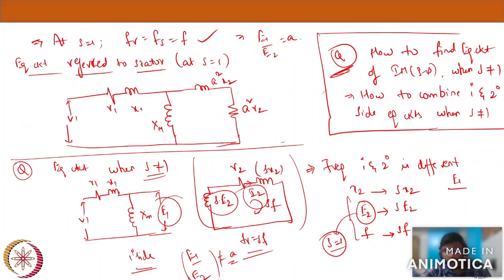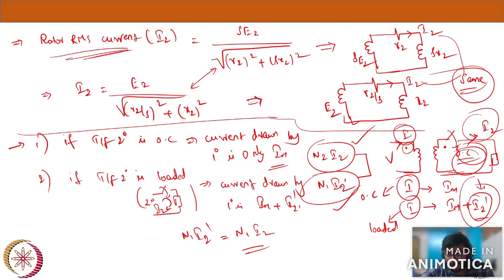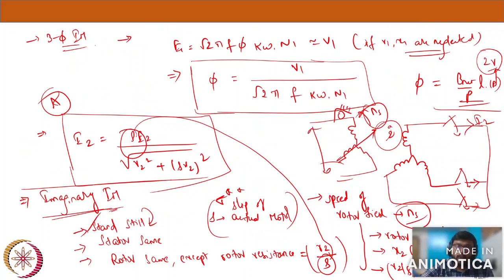Then we encountered the problem of how to combine two circuits when slip is in the picture, and discussed the stator drawing additional current to counterbalance the MMF in the rotor circuit. Using that concept, we imagined a motor at standstill with parameter R2 by S, so that both rotor fields have the same synchronous speed and we can combine them.